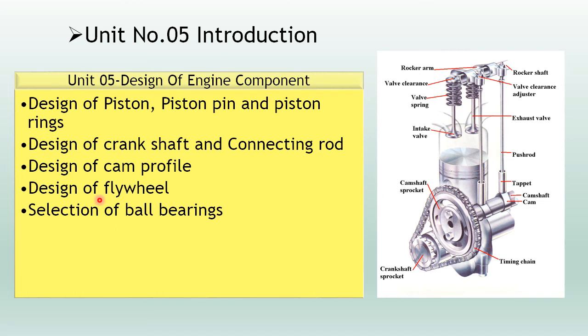Also we have to design flywheels. You know the function of flywheels. The function of the flywheel is to store energy. Okay, then we have to select the ball bearings for their specific application.